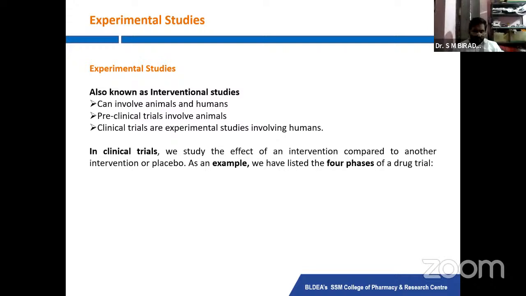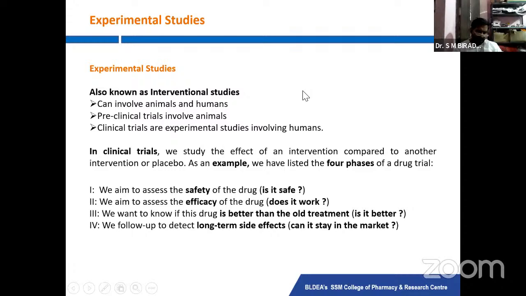For example, we have listed the 4 phases of clinical trials. We know all these 4 phases. In the first phase, our main motto was to identify the safety of a drug, because you are not worried about the treatment or efficacy of the drug. First, it should not be harmful to the subjects. It should not be harmful to the participants.